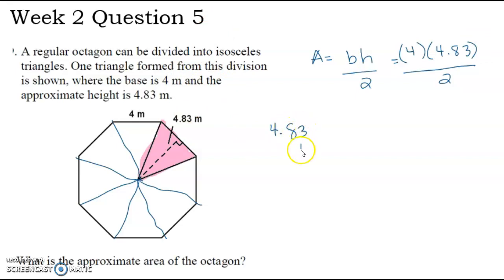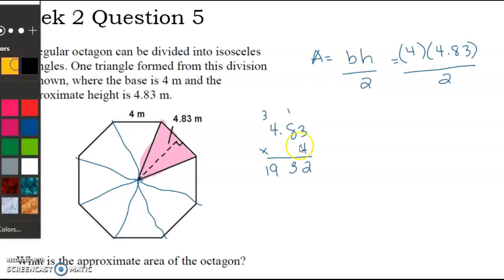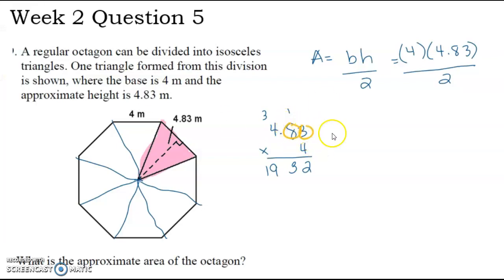4.83. I do not have to align my decimals when I'm multiplying. 4 times 3 is 12. 4 times 8 is 32, plus 1 more is 33. 4 times 4 is 16, plus 3 more is 19. And then to move my decimal, I need to count how many decimal places are behind it, and then move it.